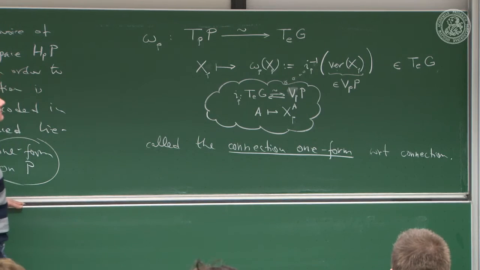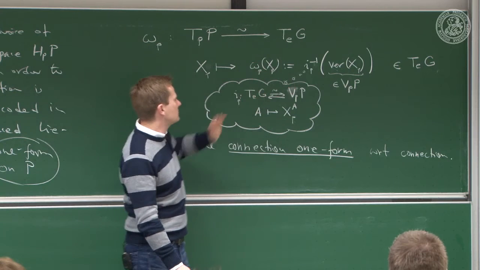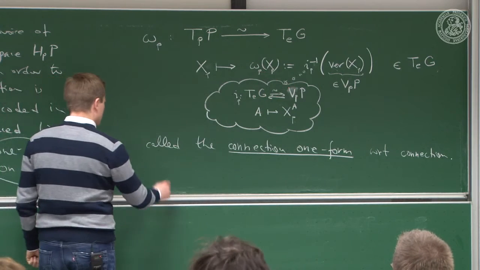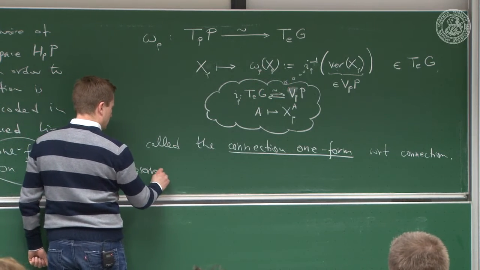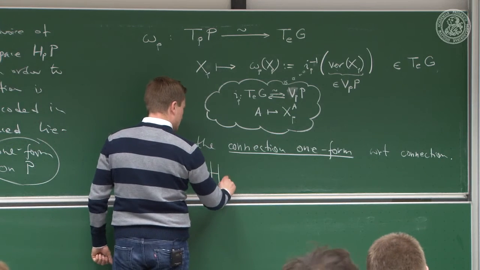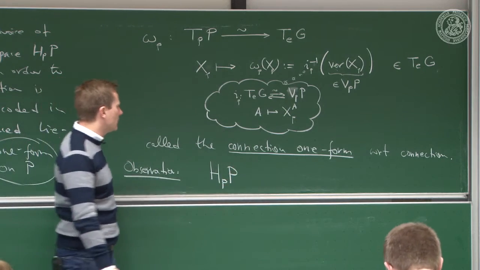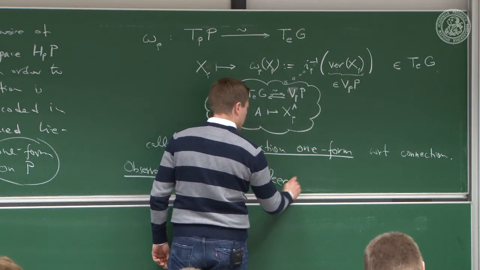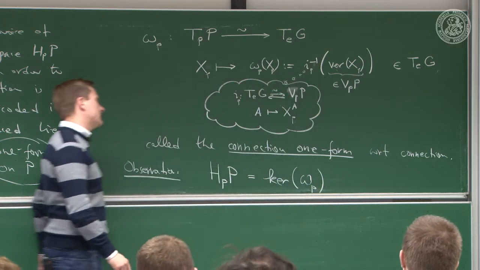So that means given the horizontal subspaces, I can construct this form. How do I get back the horizontal subspaces? Observation: the horizontal subspace at a point P is recovered from omega as the kernel of omega at this point.